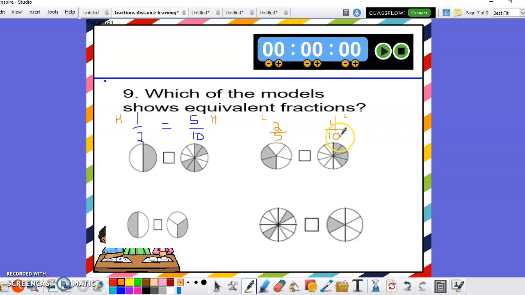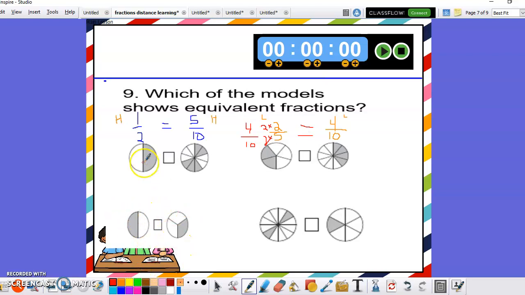It sure is, and it's 2. So if I multiply both my numerator and my denominator by 2, I get a new fraction of 4/10. So now I have 4/10 and 4/10. These are equivalent.